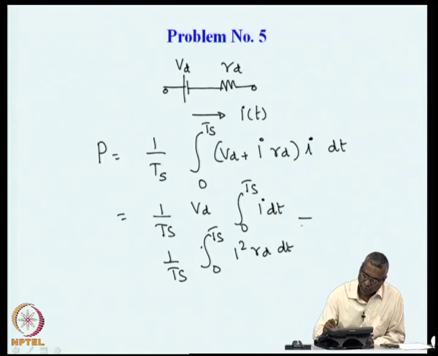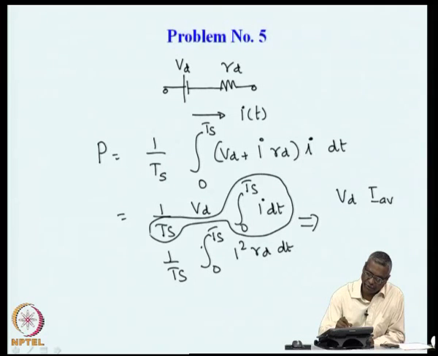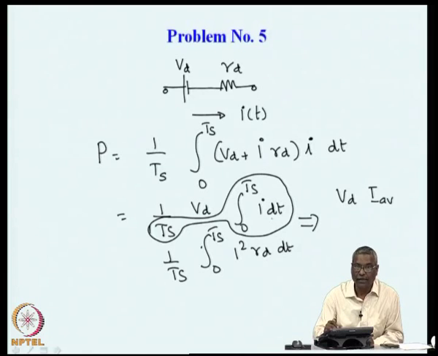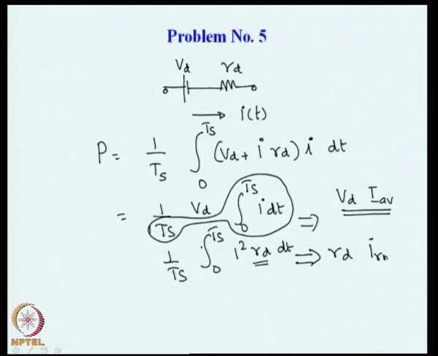The first term can be written as Vd into I average, because if you take Vd, which is constant, outside, what we see as 1 by Ts integral 0 to Ts I dt is the average current. So it simplifies as the fixed drop multiplied by average current, and the second term can be simplified as Rd, which is a constant quantity, multiplied by I RMS square, because the term that I have bracketed is I RMS square.